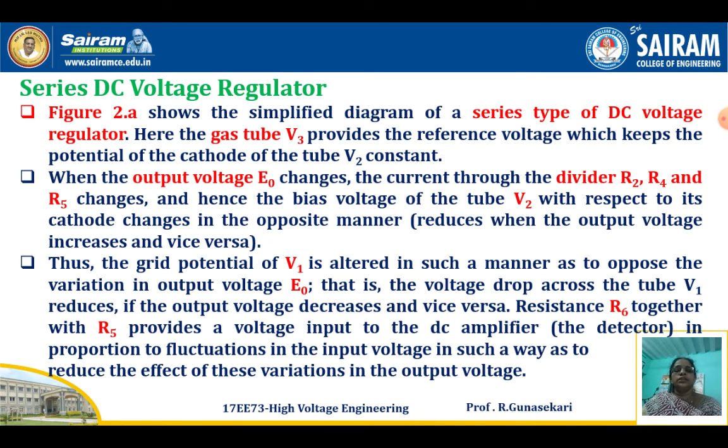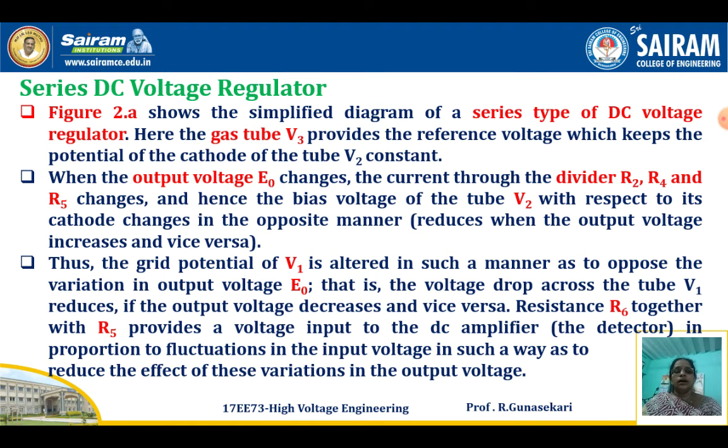The grid potential of V1 is altered to oppose the variation in the output voltage E0. The voltage drop across the tube V1 reduces if the output voltage decreases, and vice versa.